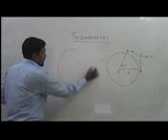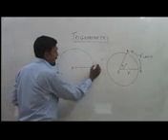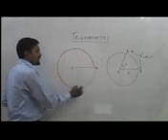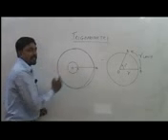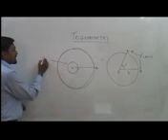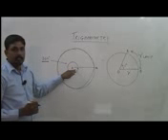When we check in a circle of any radius r, a complete revolution always subtends an angle of 360 at the center. Right? So this angle is 360 degree at the center.